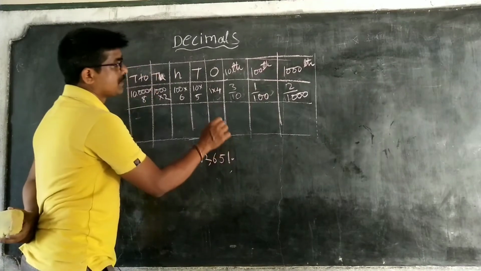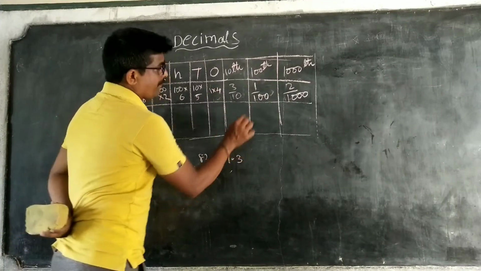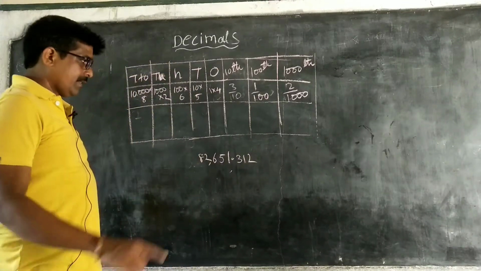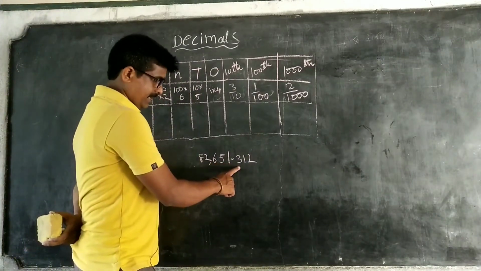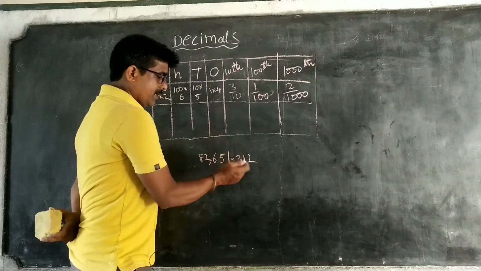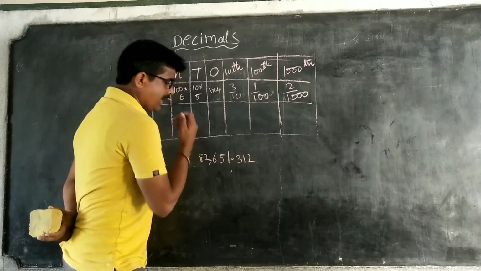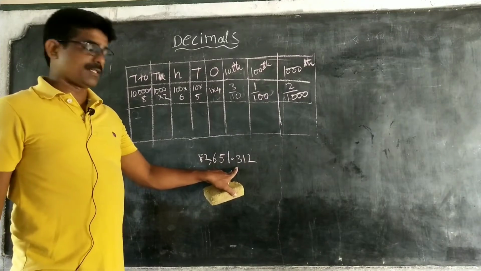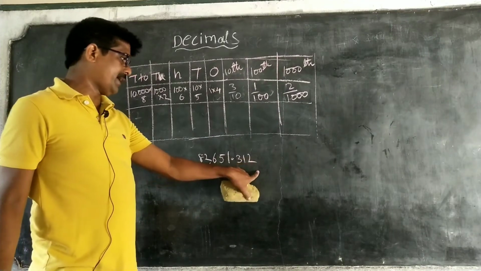82,651 point, first 3, 1, 2. This means 1 by 10, 1 by 100. This is the integral part, this is the decimal part, and this is the decimal point.